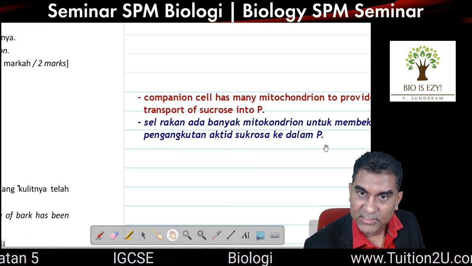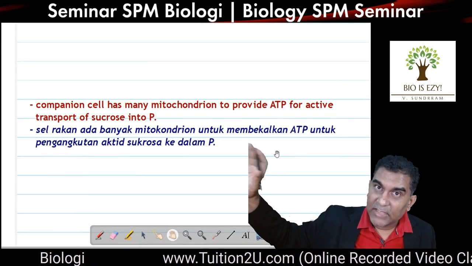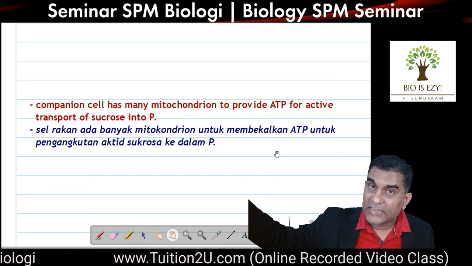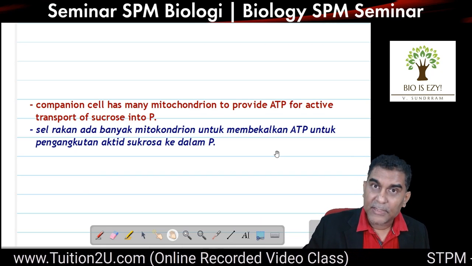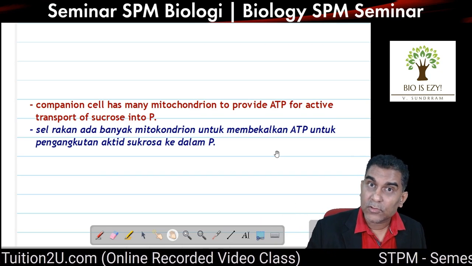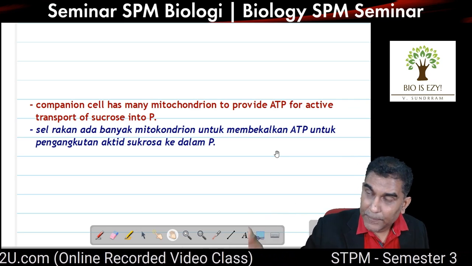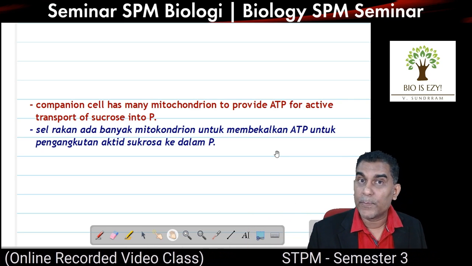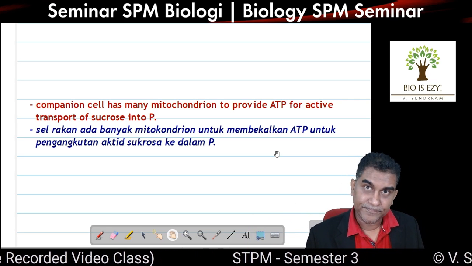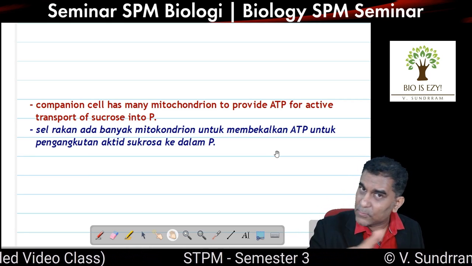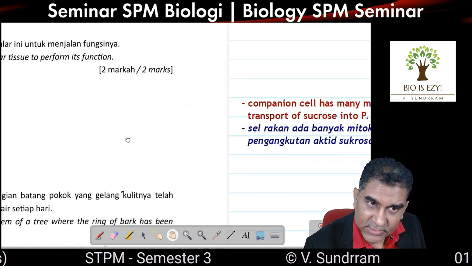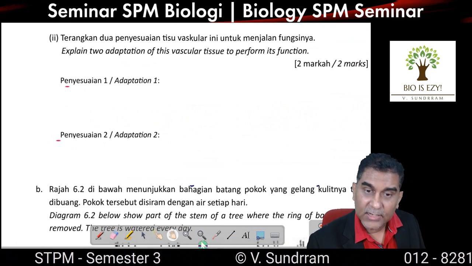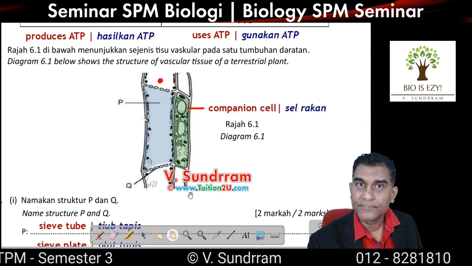There's one more answer here. Companion cell have a lot of mitochondria, generates energy for active transport of sucrose. Ada banyak mitokondrion, sel rakan ada banyak mitokondrion, jana tenaga, bekal kepada tiub tapis untuk pengangkutan aktif sukrosa. Tapi yang saya nak kamu faham ialah tiga adaptasi ini sudah ada dalam rajah.